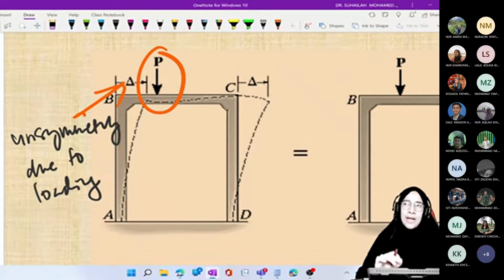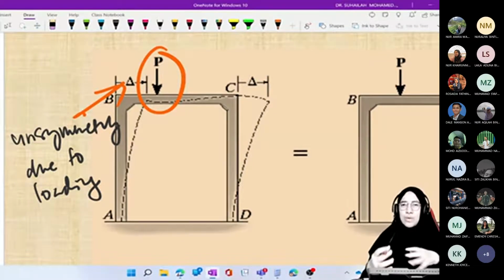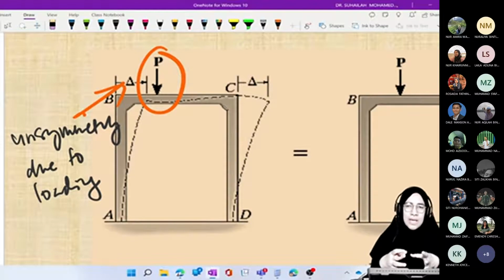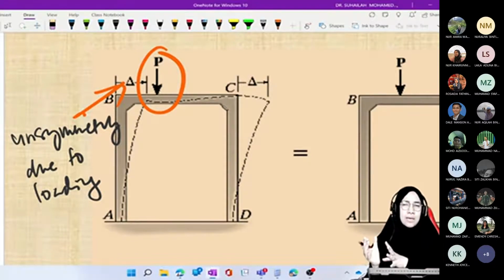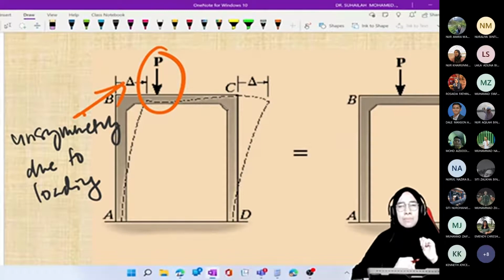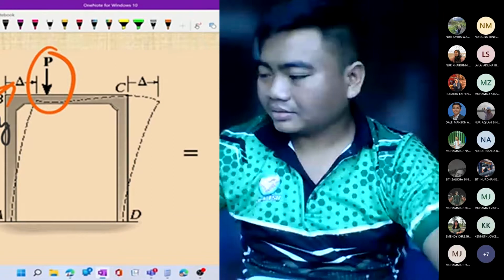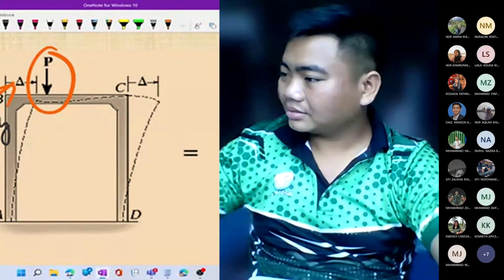Whenever we know the delta value, which comes from settlement, we can calculate the FEM value. That's why we can combine FEM. We calculate FEM due to external loading, and then FEM due to delta. Then we can combine them and solve the end moments in the table using only one table.